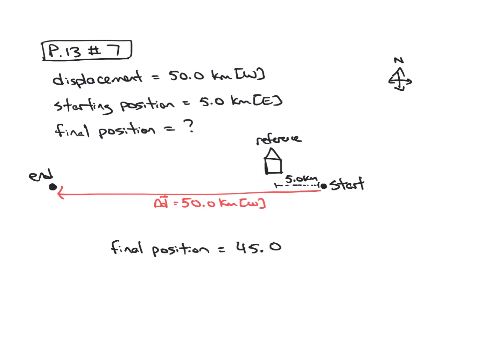Now, position is also a vector, so we want to say what direction it is. It's west. It's on the west side of the house. Okay, so the 45 was obtained by figuring out what this missing length is here, which is done by a subtraction. 50.0 minus 5.0 is 45.0.